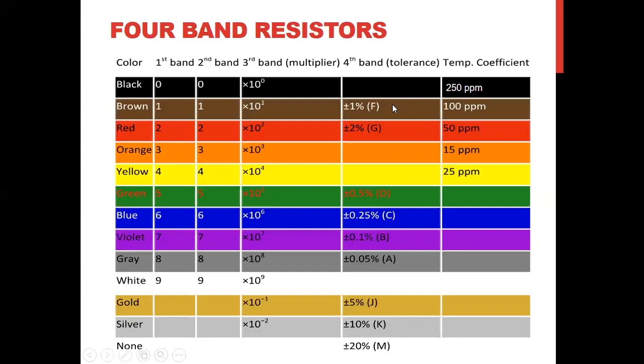The fourth band is the tolerance. What is tolerance? I'll discuss next. And the fifth band is the temperature coefficient. So these are the color bands. And there are 3, gold, silver, none. They are only used for the multipliers and the tolerance.